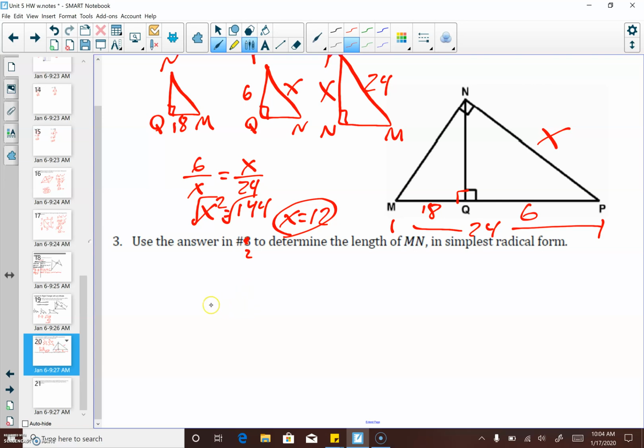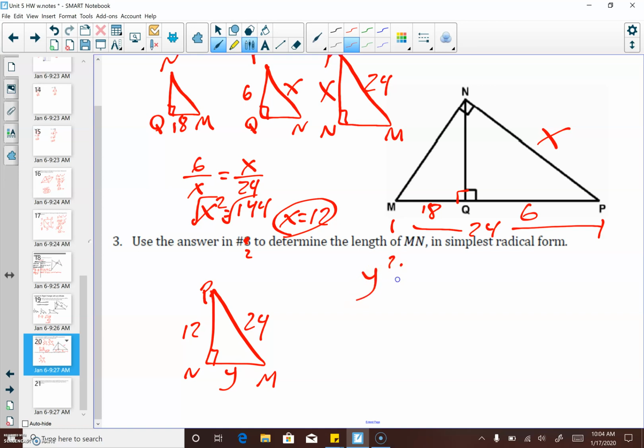So the way I look at it is, if I were to redraw my big triangle here, P, N, M, I have a 24. I just found PN to be 12. So now if I want to go here, I have two sides of a right triangle. I can use the Pythagorean theorem.